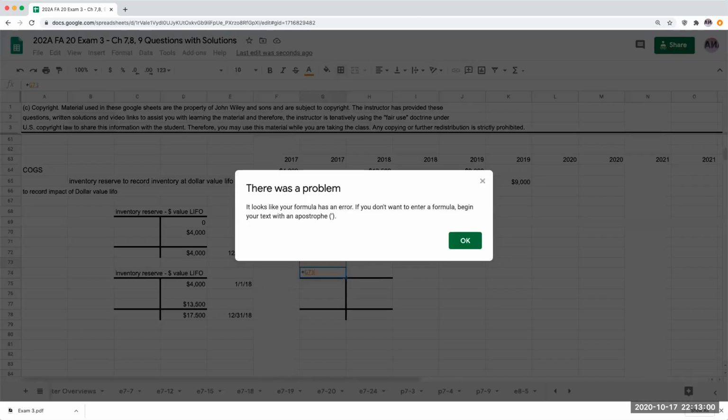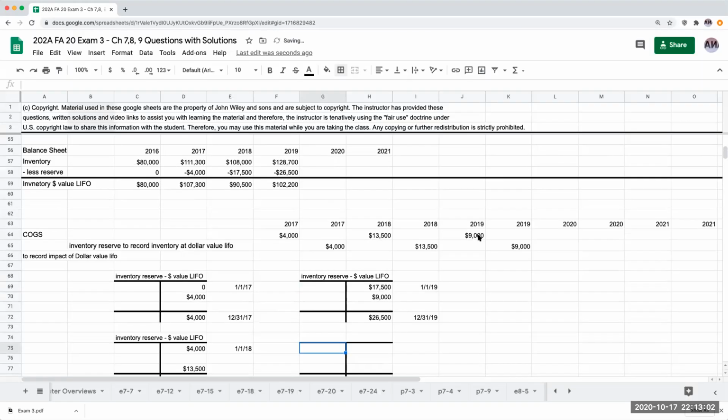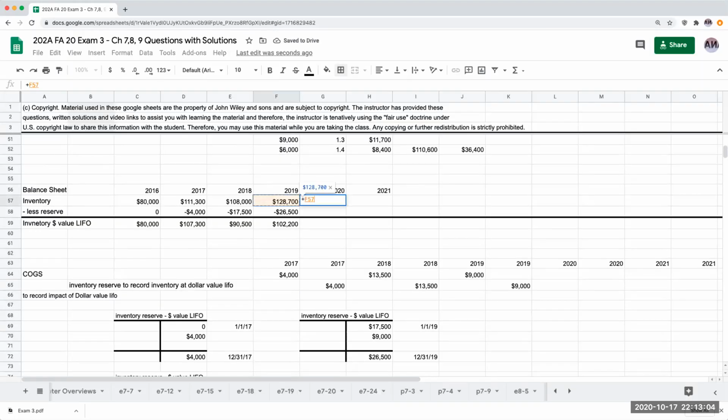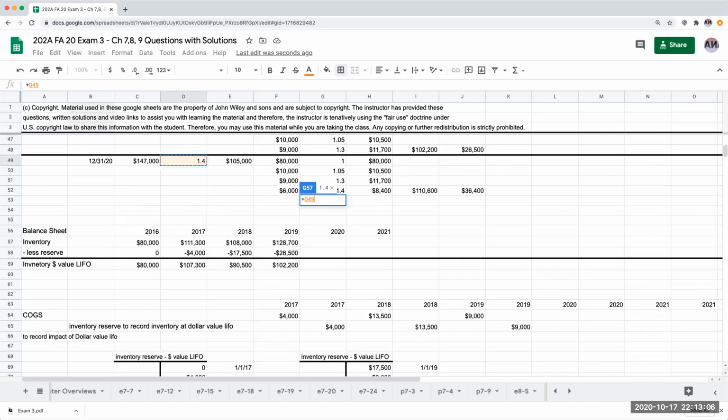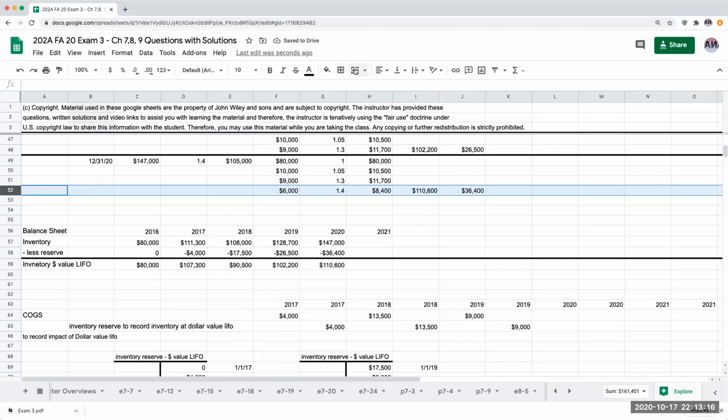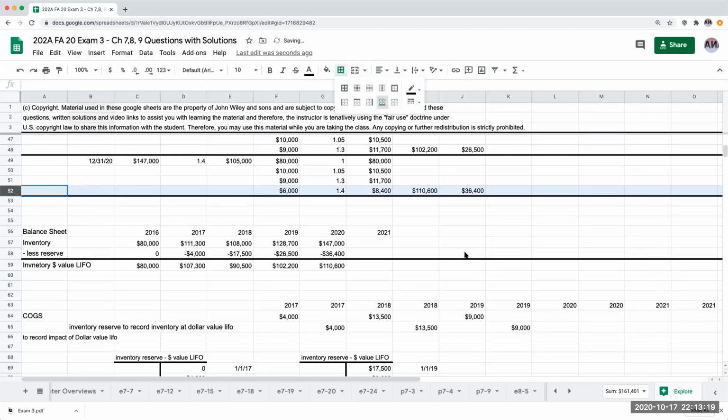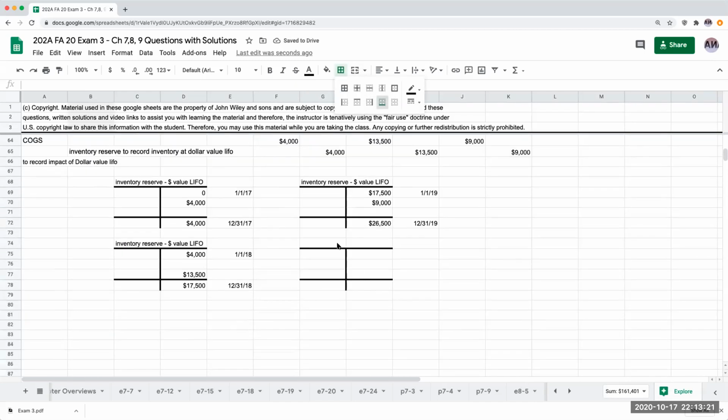So my inventory under dollar value LIFO is 147. My reserve is 36.4. So my ending amount here is going to be this 110,600. Okay, so now what I'm going to do is my adjustment.